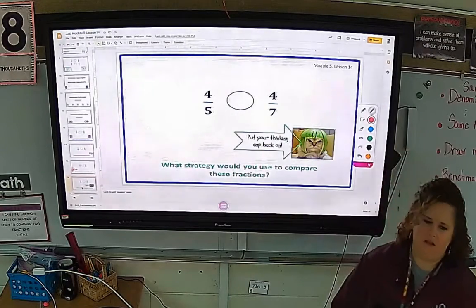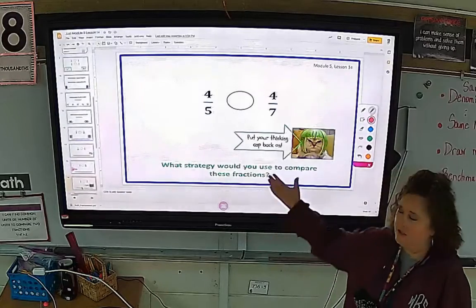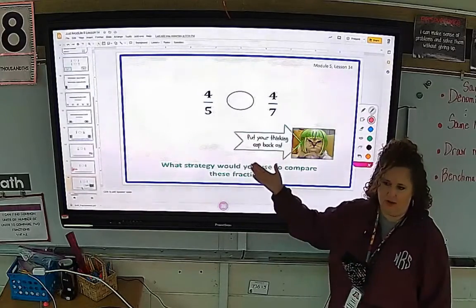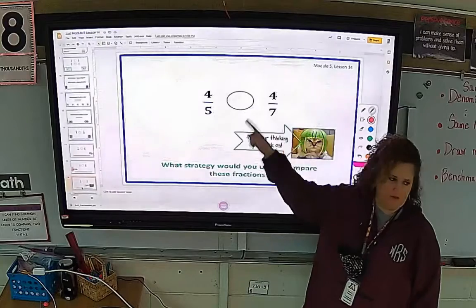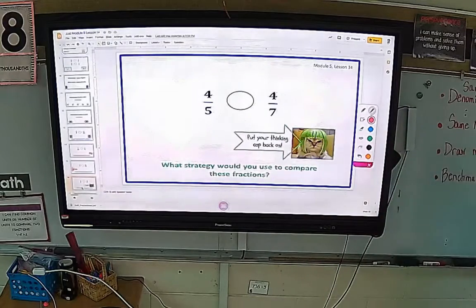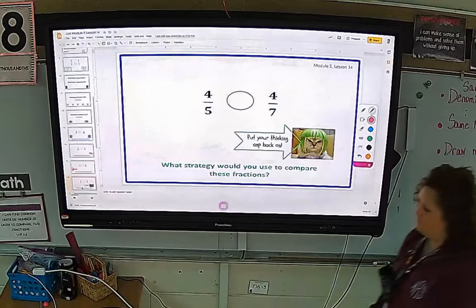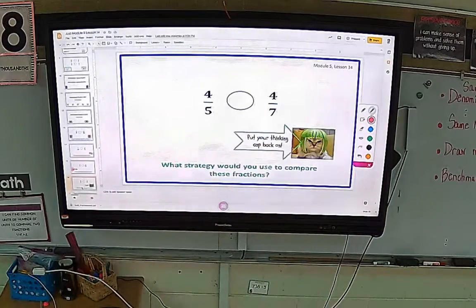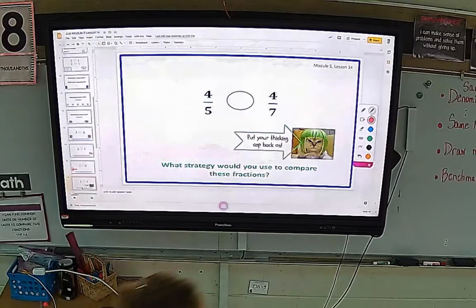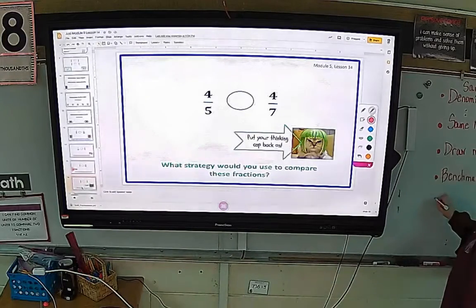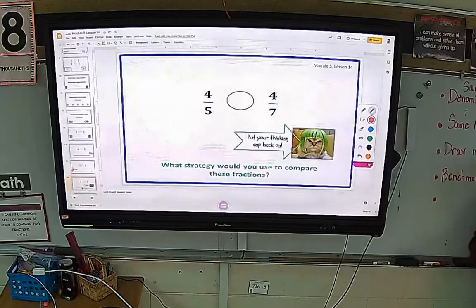Okay. What strategy? We're not really looking for the answer first. We're asking what strategy would you use? So before we go any further, let me add our new strategy. Our new strategy today is changing one of the denominators to match the other.